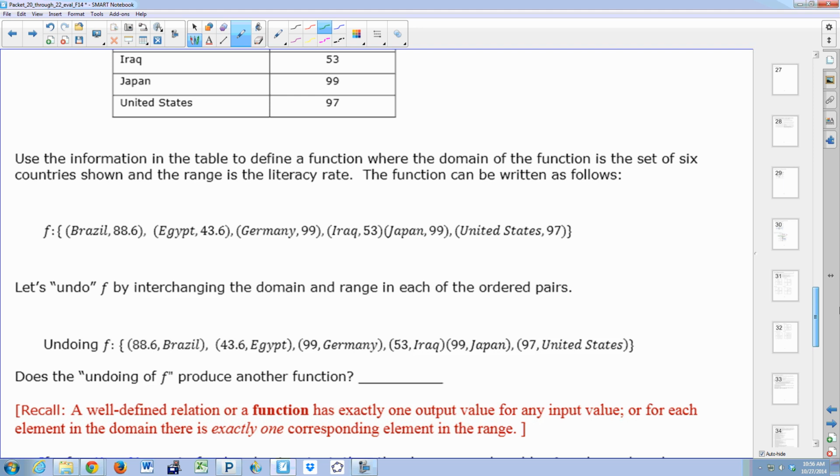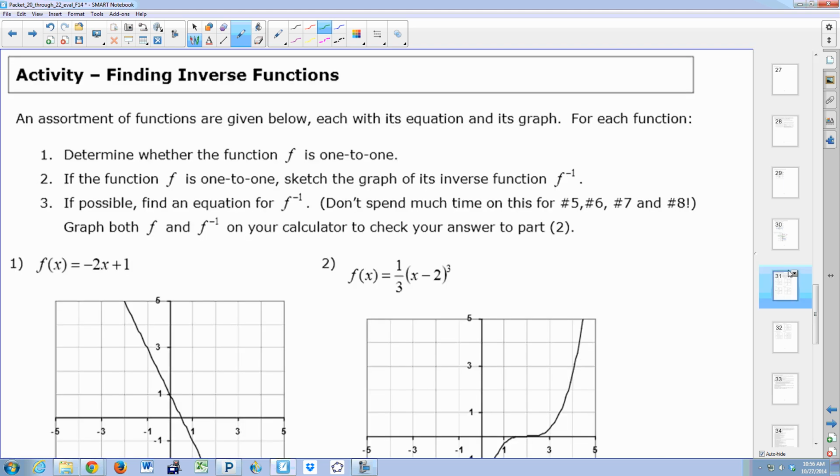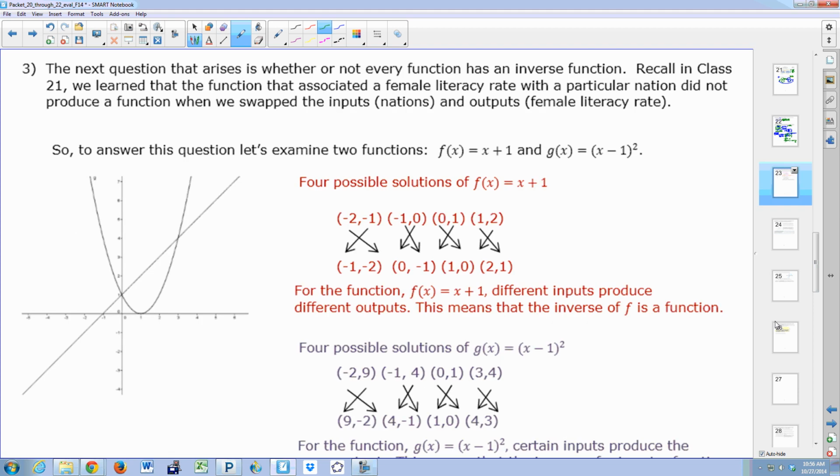All right, so let's see if I can find where we were. Here we are. So that's what we're referring to here, that when we swapped the inputs and outputs with the female literacy and the country, we did not end up with a function. So is there a way, that's what we want to figure out now, is there a way to look at a graph of a function and tell whether or not it's going to have an inverse?